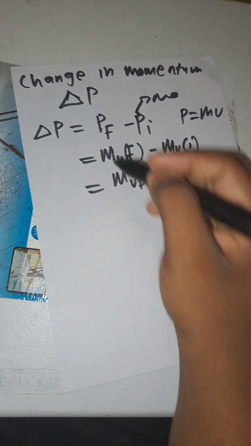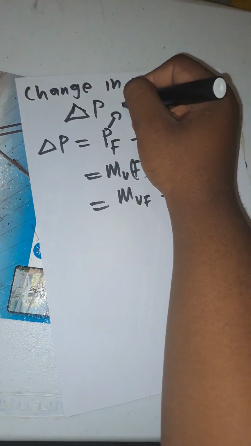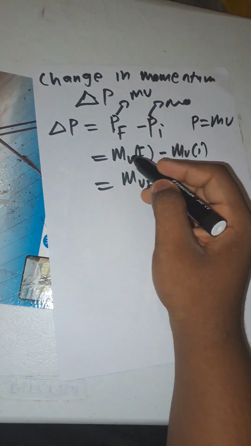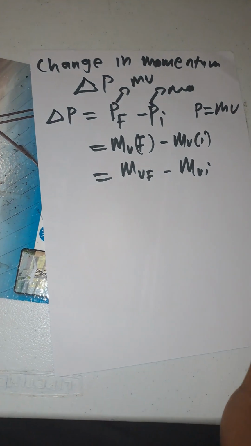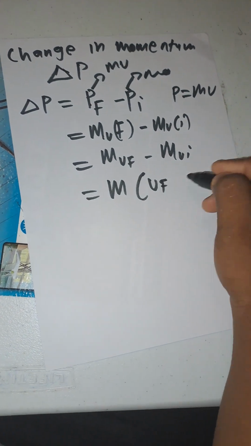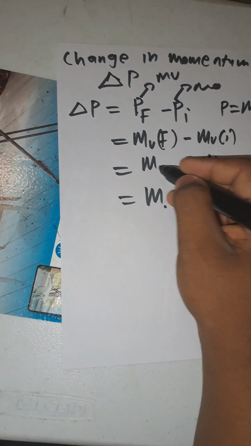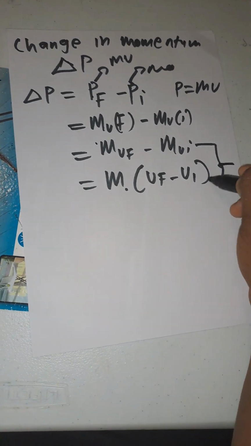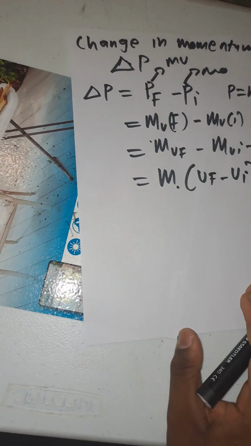We are substituting: this p on its own is equal to mv, so where there is p, I put mv and multiply by the f. And if it is like this, I can factor out m, so it will be m(vf minus vi). Then you get your change in momentum. You can use both, it depends. These are the same thing.